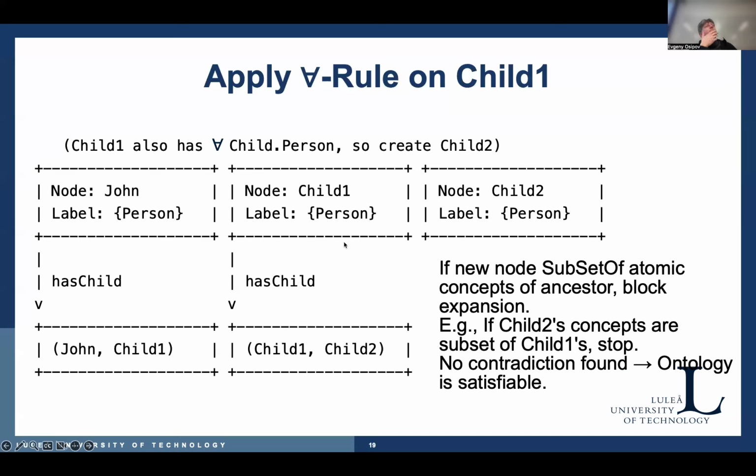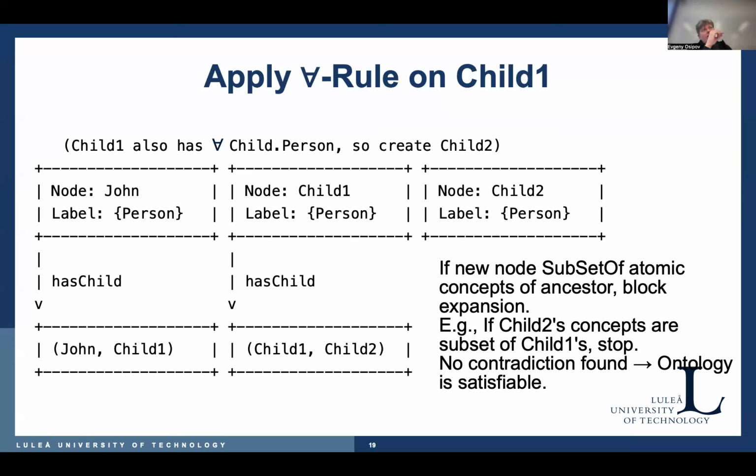In this case, would it also generate the parents of John? No, no. We start with John. Yeah, but we know that he is a person, so then we should also. Not in ALC, probably. We don't have this rule.